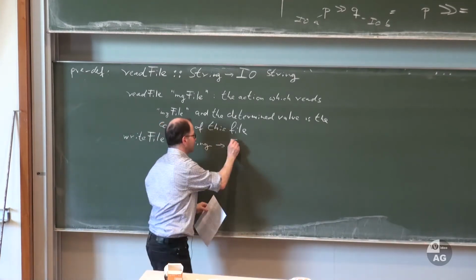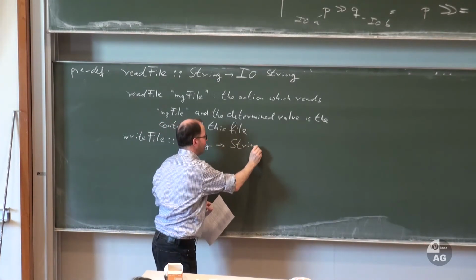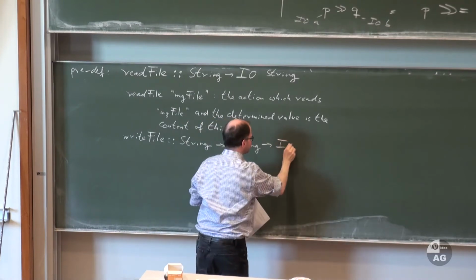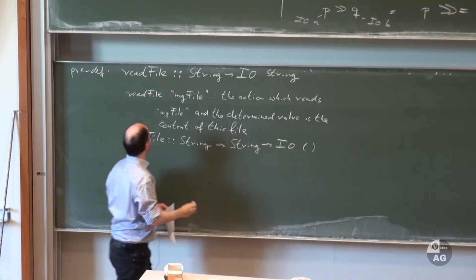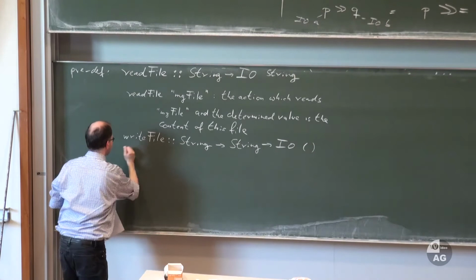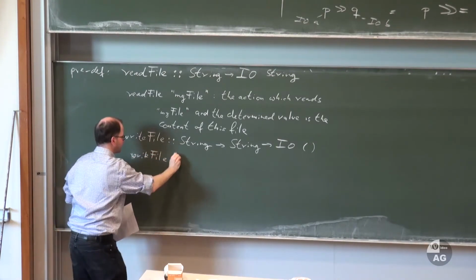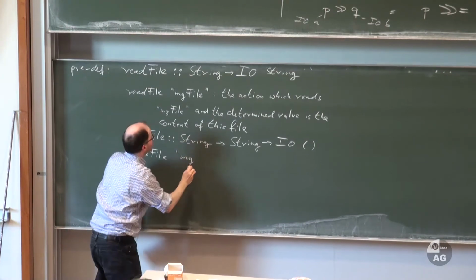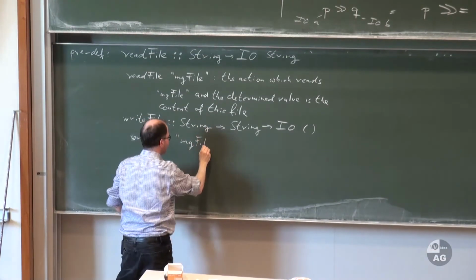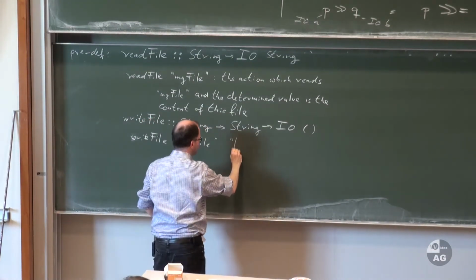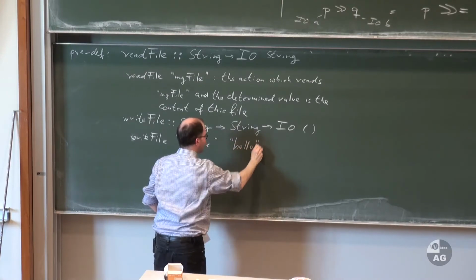So the second argument is the new content of this file, and the whole thing is an output action. So writeFile with the arguments, here you have a file name, and here you have some new content, for example, the string hello.